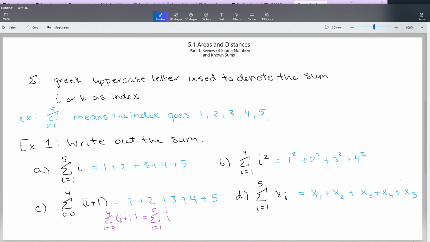All right. Let's go ahead and look at some more complex examples that are more similar to what we're going to use the sigma notation for in class.